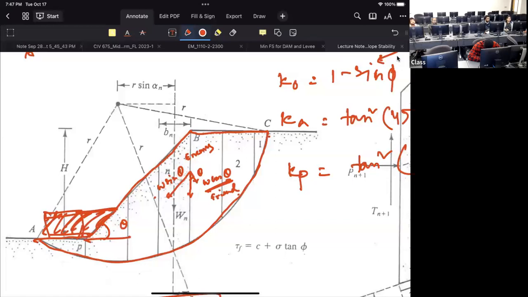Sigma is normal stress. How much? Sigma is normal stress.